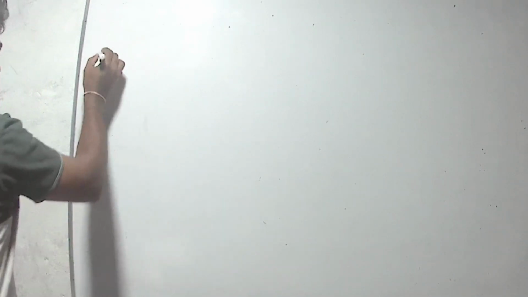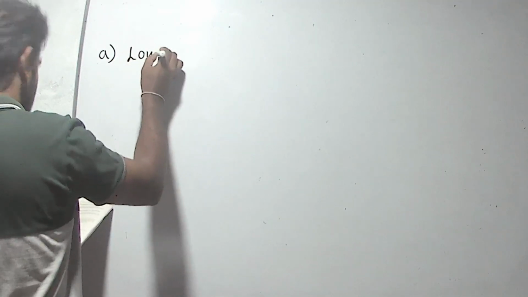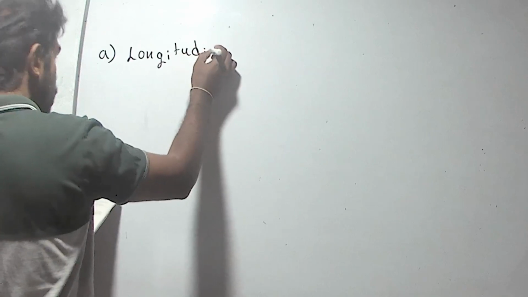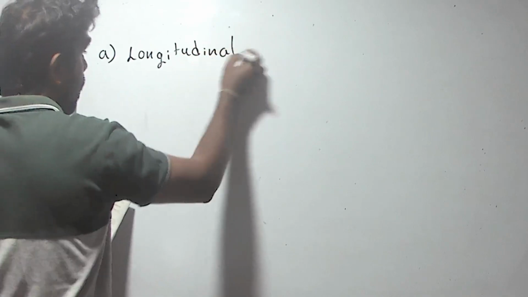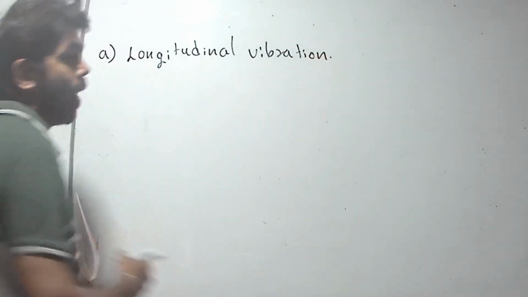Sound waves make longitudinal vibrations. Therefore, we can write the type of vibration: longitudinal vibration. We have to write only the vibration type.